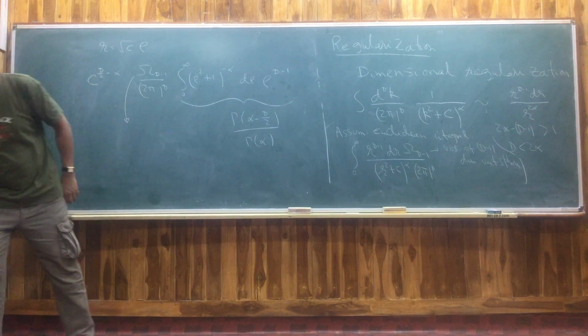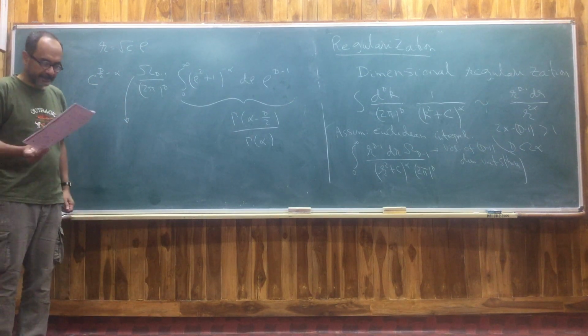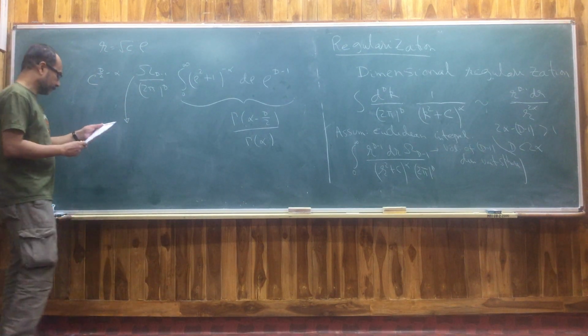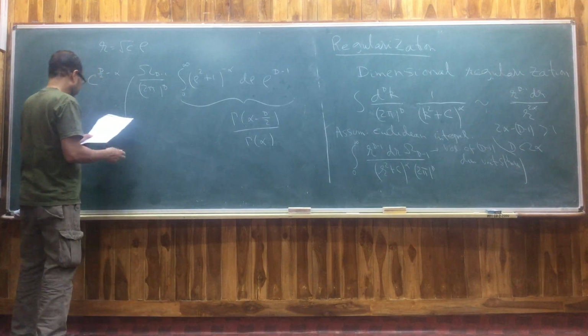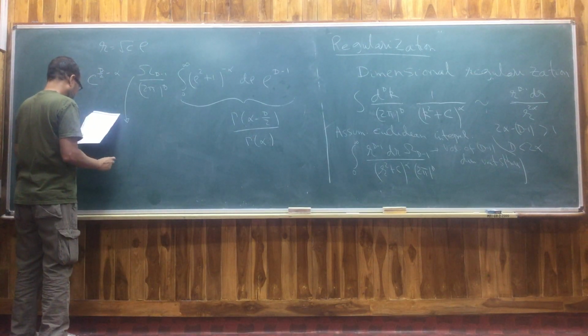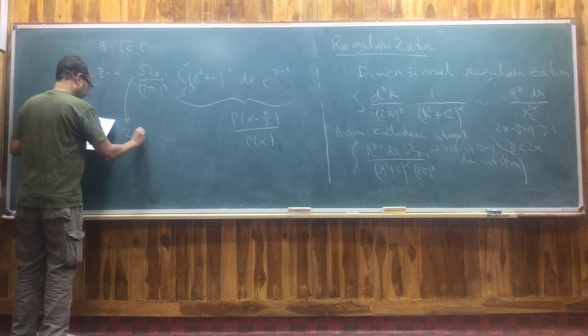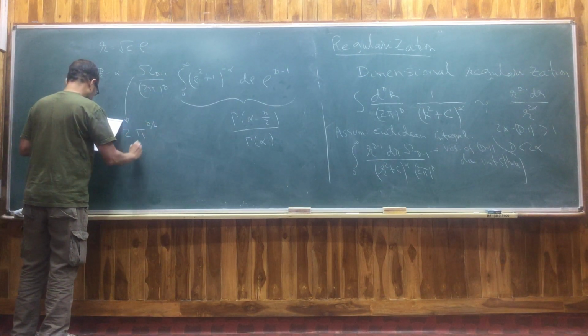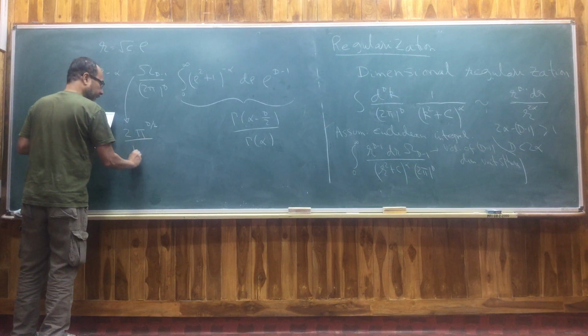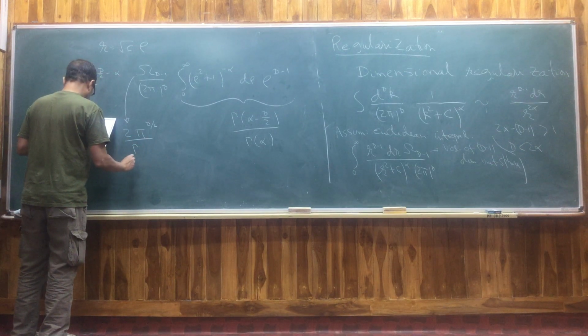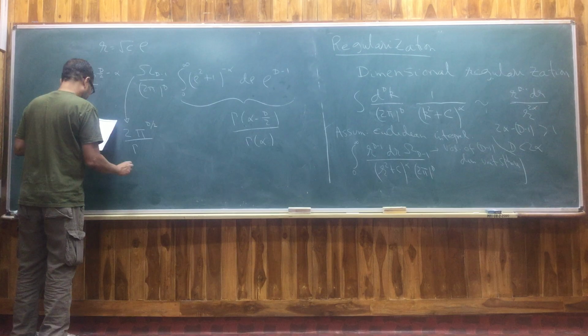With that, I'll write down the formula. Maybe I'll give this as a homework problem. This one has a formula which is 2 pi to the power d by 2 over gamma of d by 2.